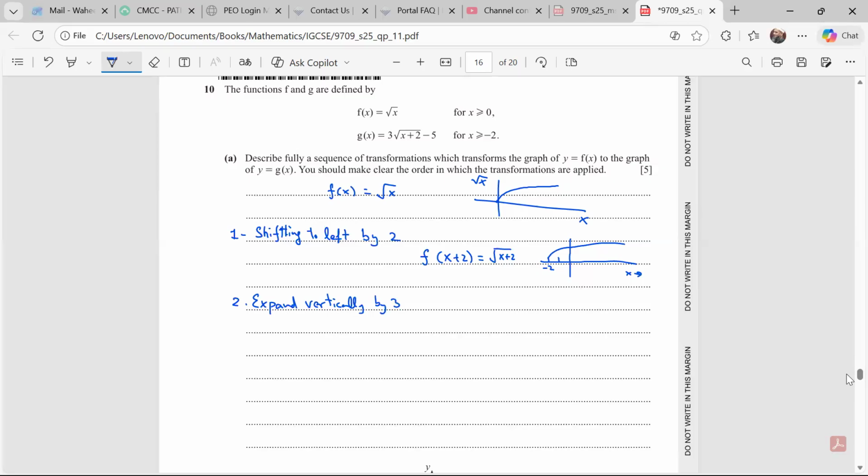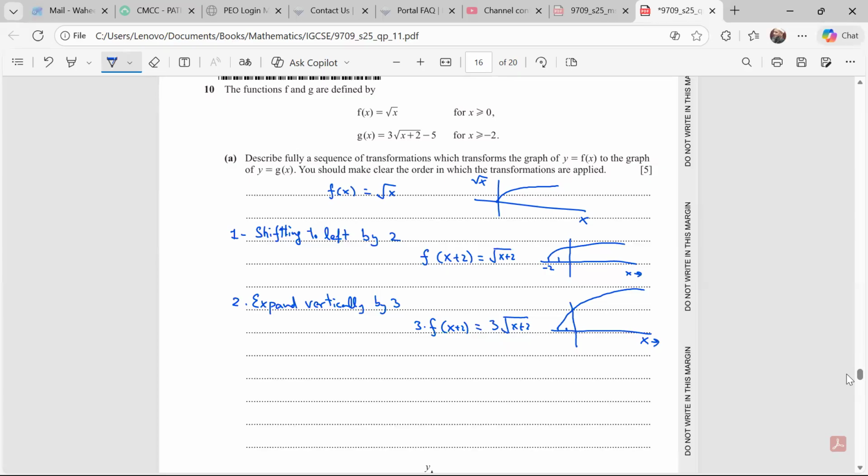So it will become 3 times f of x plus 2, which is 3 times root of x plus 2. And when I sketch it, it will start from minus 2 as before, but now it will go much faster in the y direction, because it has expanded 3 times.